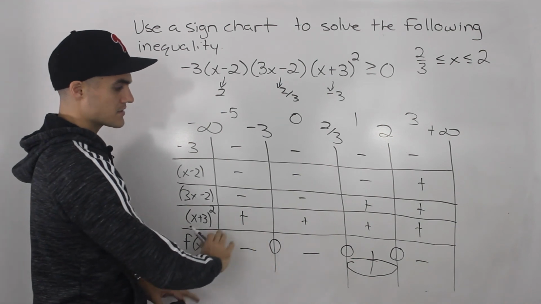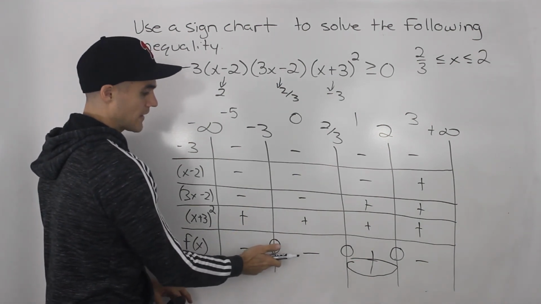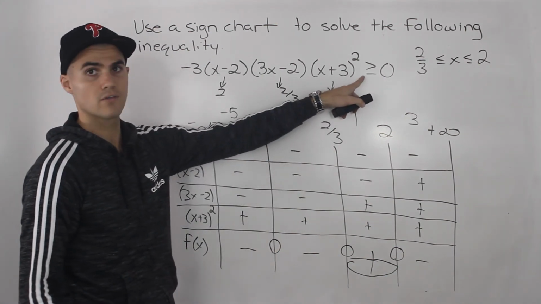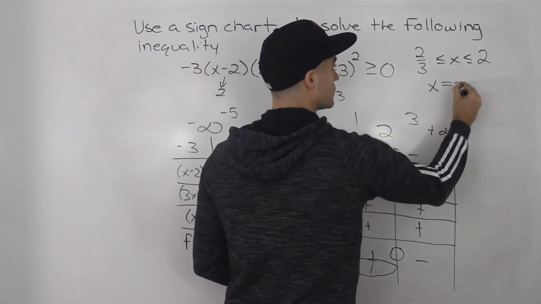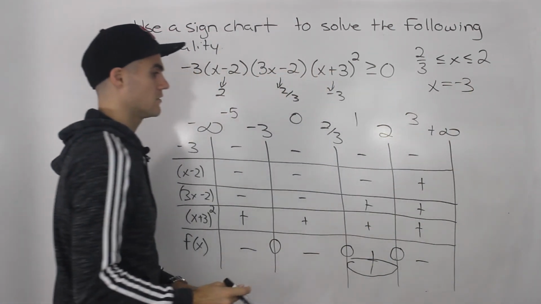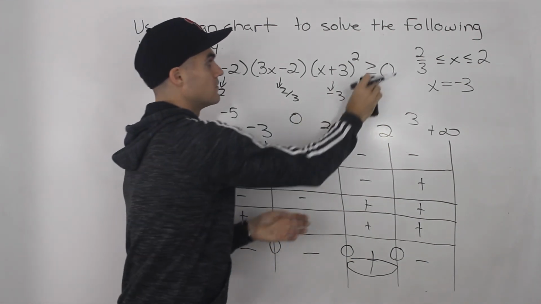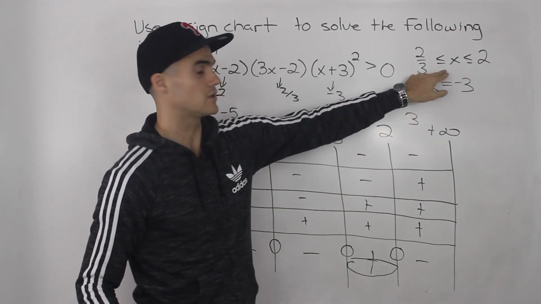Notice how it's not positive in any other interval, but it equals 0 also at this x value of negative 3. And because they're asking when is it greater than or equal to 0, we have to include that x value of negative 3 as well. Right? If it was just greater than 0, then we wouldn't have to include this, and this would be the only interval.